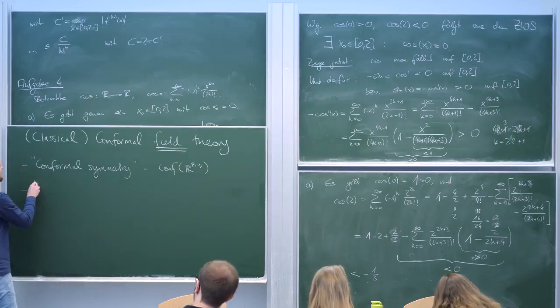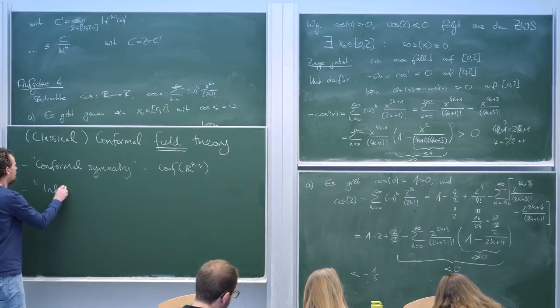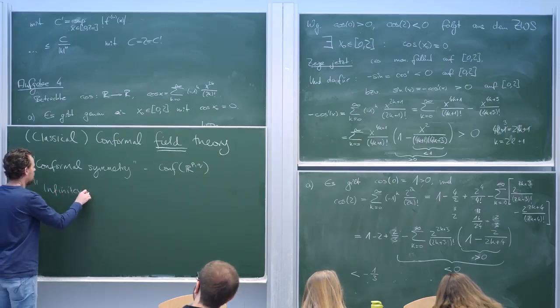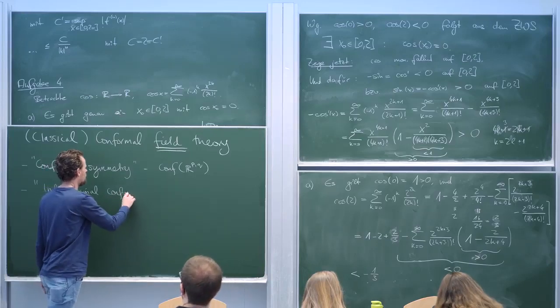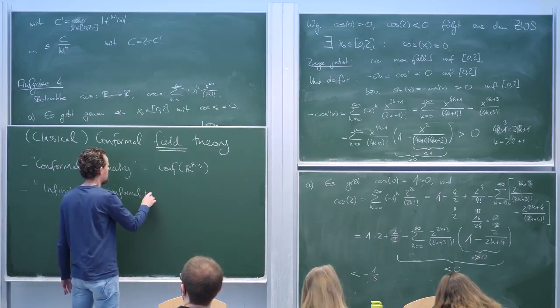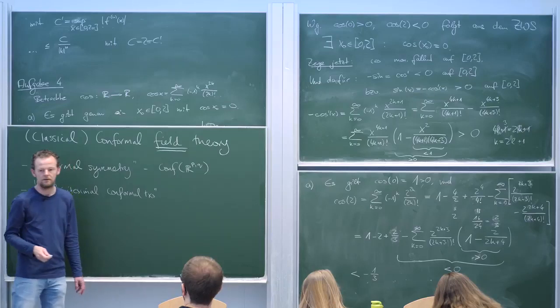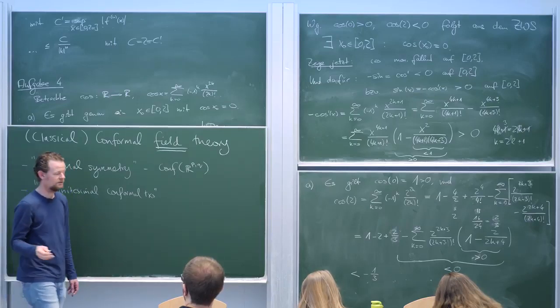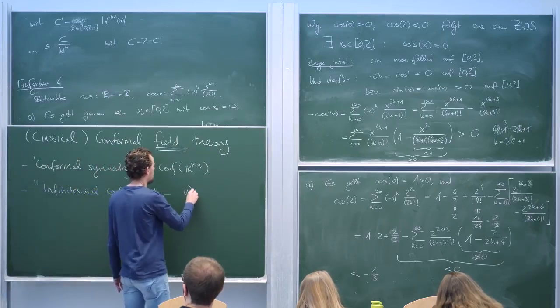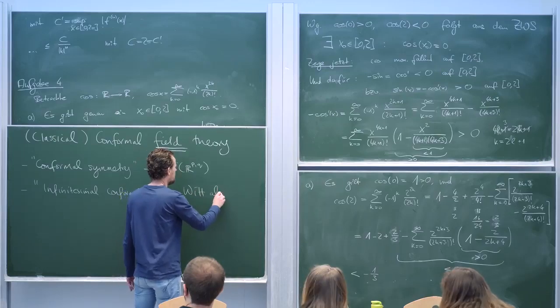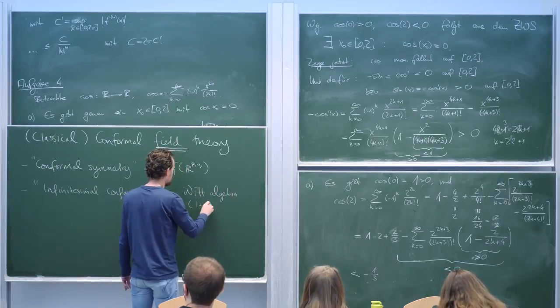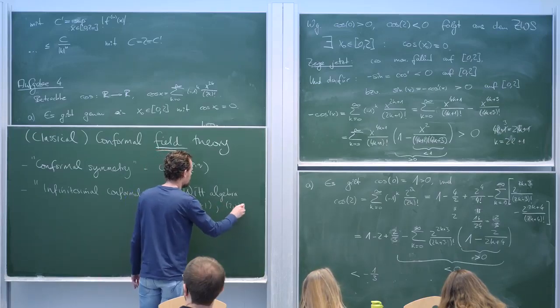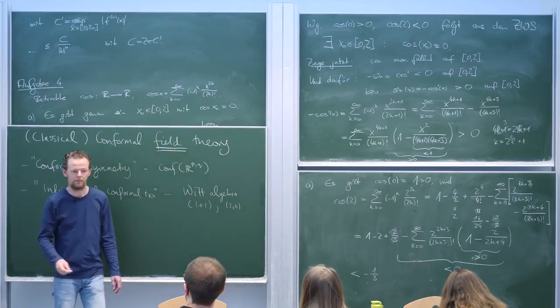We also discussed infinitesimal conformal transformations. And that led to a Lie algebra called the Witt algebra in 1 plus 1 or 2, 0 dimensions.